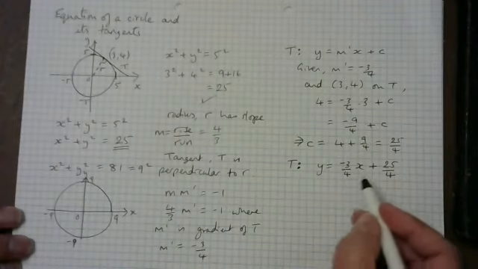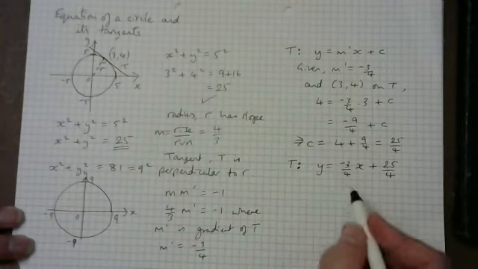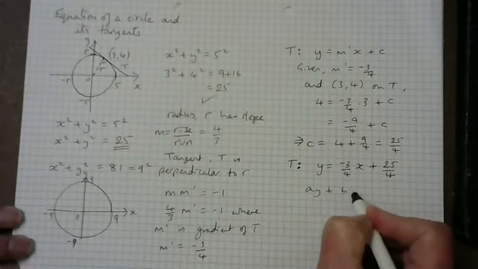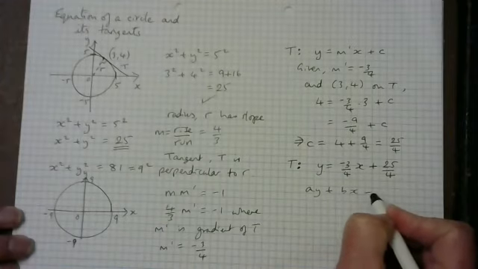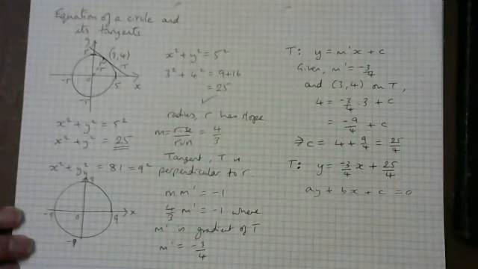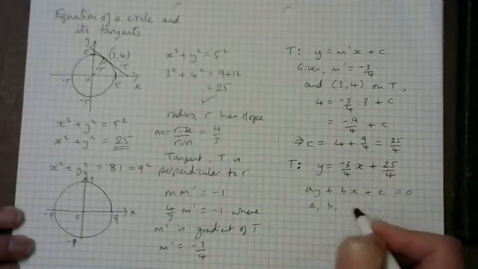Sometimes you'll be asked to present this in a particular way. In particular, they might ask you to present it as ay plus bx plus c equals 0, where a, b, perhaps c as well, are integers.